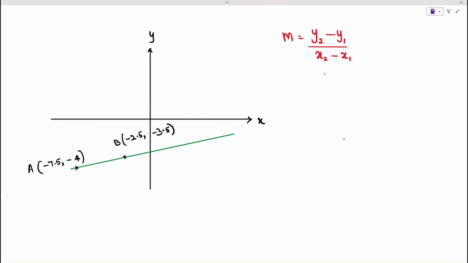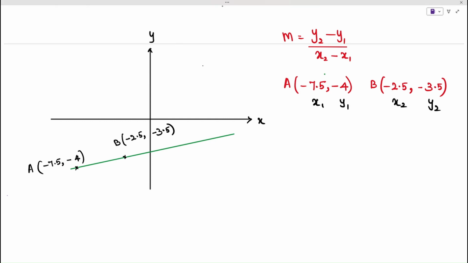Now we're going to write out our coordinates for A and for B. A is -7.5, -4. And B is -2.5, -3.5. Now we're going to label our coordinates x1, y1, and x2, y2.